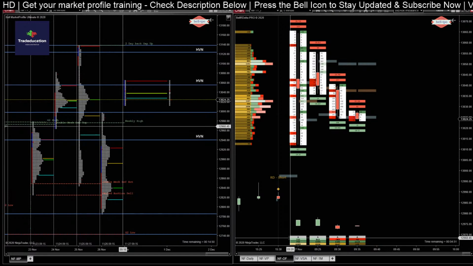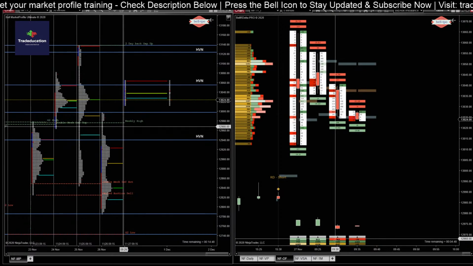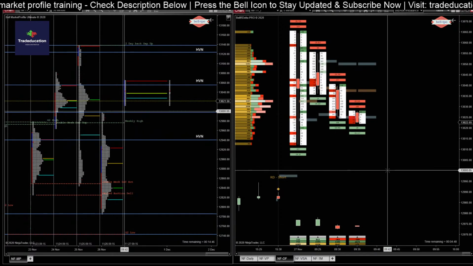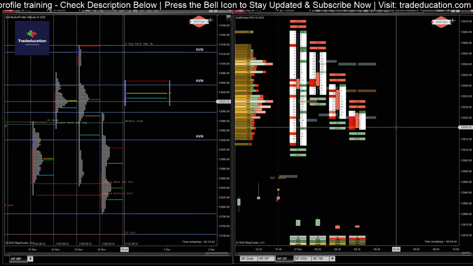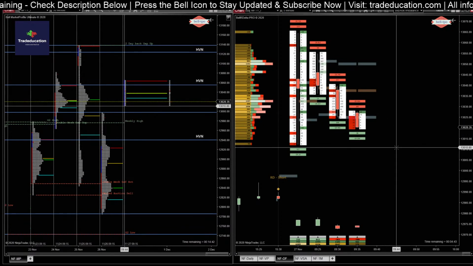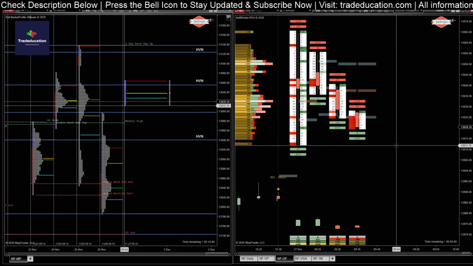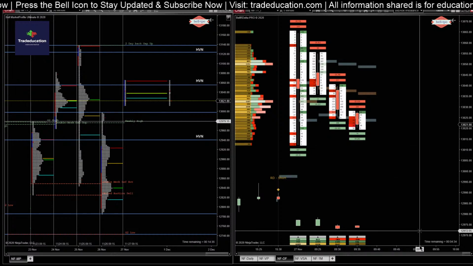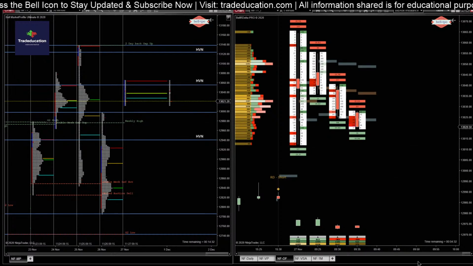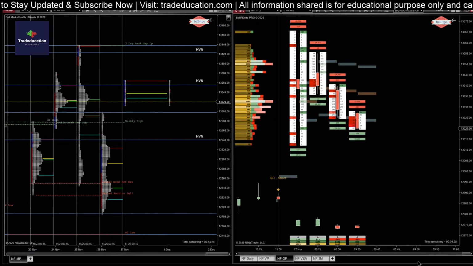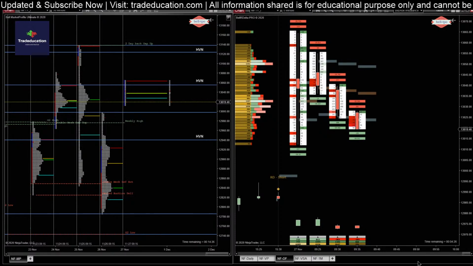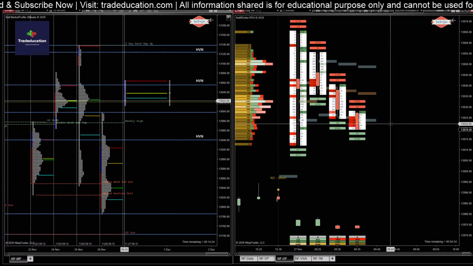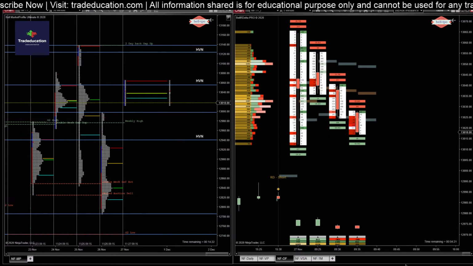6,000 to 4,000 to 2,600, the delta is negative. So we are seeing momentum sellers stepping in, and let's see whether the low is getting tagged or not. Good momentum sellers are stepping in.